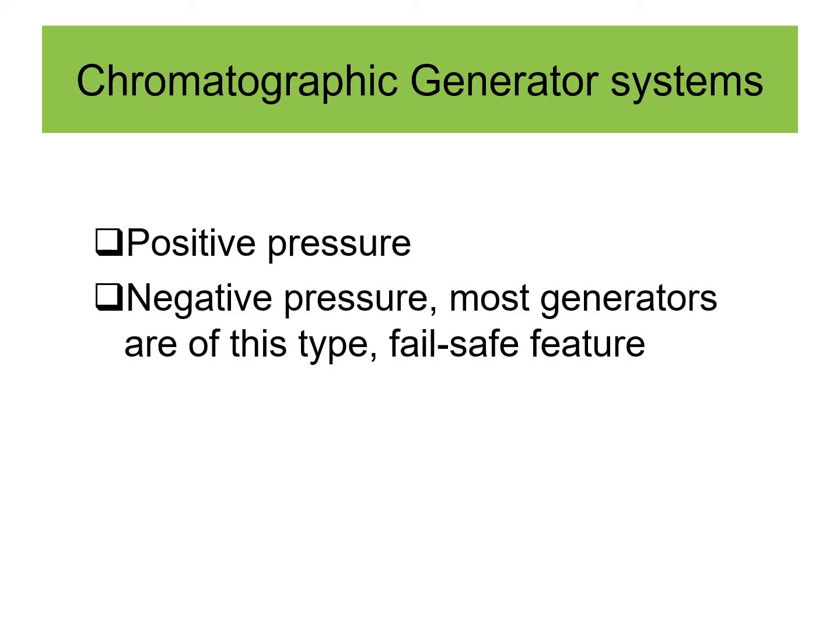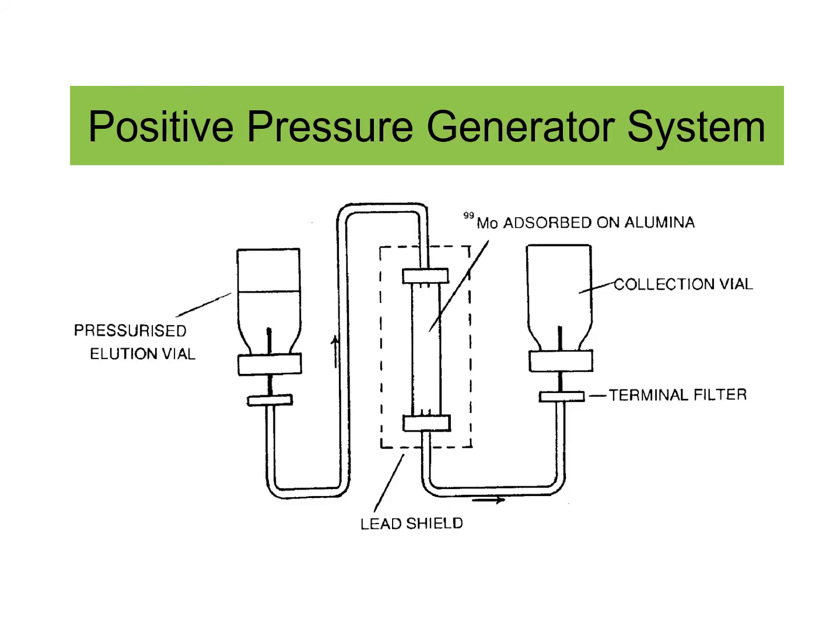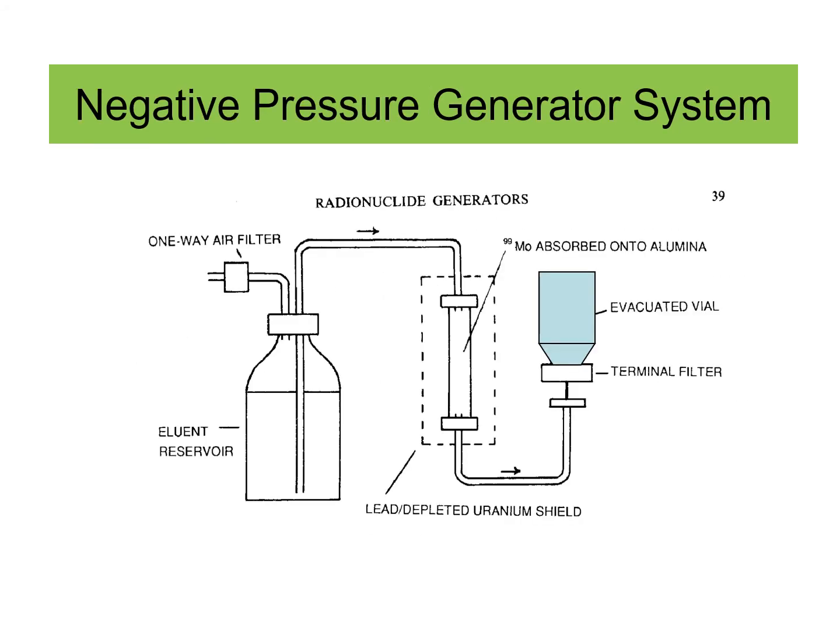There are several types of chromatographic generator system. One is the positive pressure, and the second is the negative pressure. You can read the positive pressure by yourself, and I'll go straight to the negative pressure generator system. In a negative pressure generator system, the eluent reservoir, which is depicted on the left, is fitted with a one-way air filter, and the evacuated vial is placed on the right side of it.